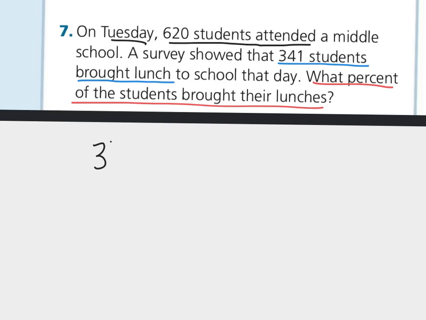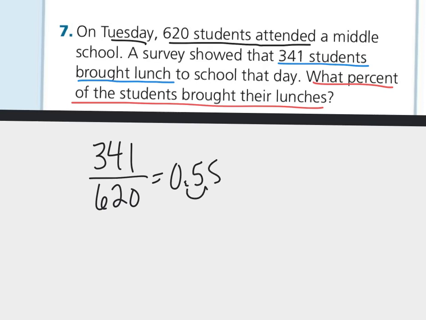So different ways we could do this. One way is we could say it's 341 out of 620. And you could just divide that out and get a decimal, and then you could change that over to a percent. So 55%.